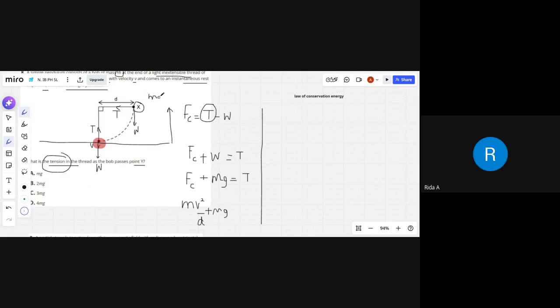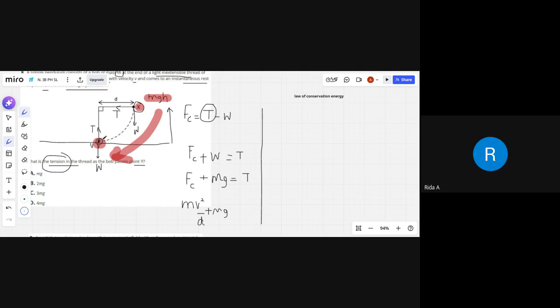So it has mgh. It's momentarily at rest at the top, so all of the energy is gravitational potential energy. And then it comes back like that. At this point, it's on the ground, so there is no more gravitational potential energy, but it's at its maximum speed.